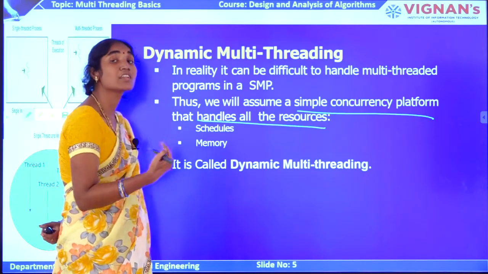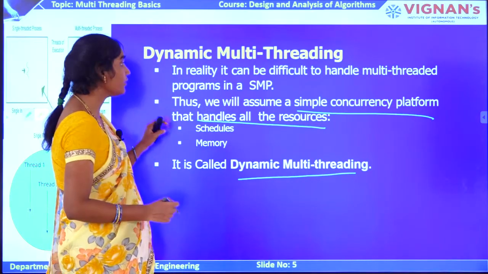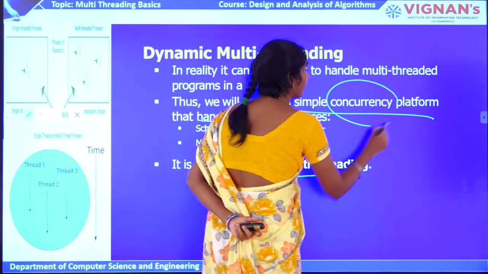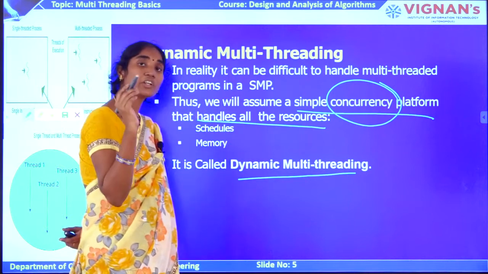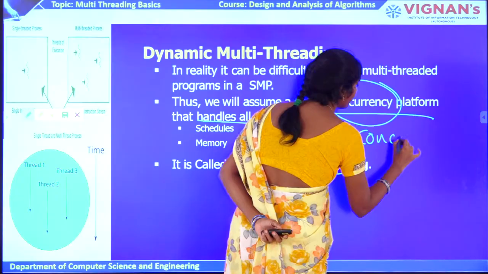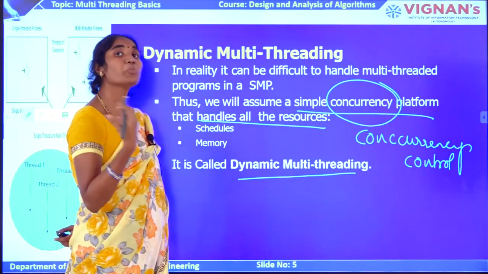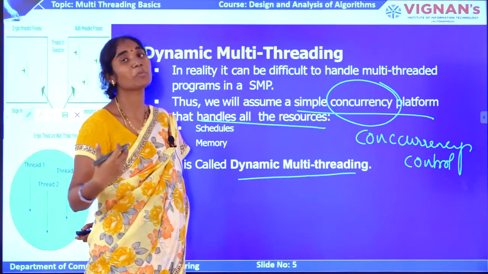That process is known as dynamic multi-threading. So here we are achieving concurrency, right. We are incorporating concurrency control to make our process a dynamic multi-threading.